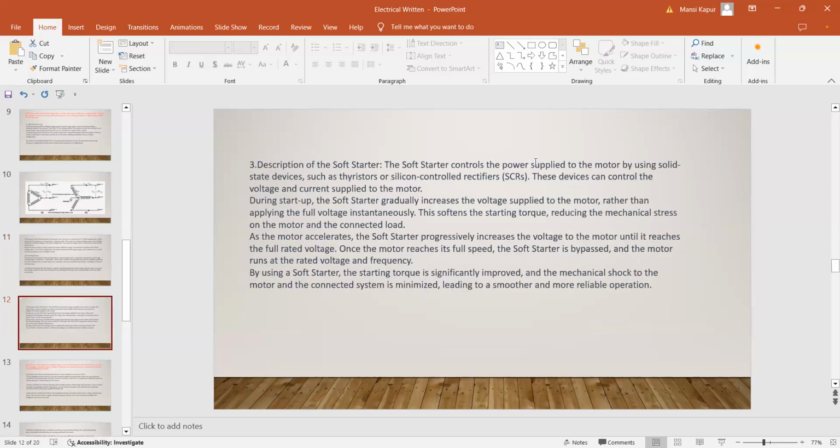What we are using in the soft starter, we are going to discuss in detail when we cover the theory. Tomorrow I'm thinking I'll keep the theory part, where we are going to discuss the soft starter, all kinds of starters, and starting of a generator, and how your AVR is working. You should know all this basic, then only we can come to the question answer and you can be more interactive in the class.